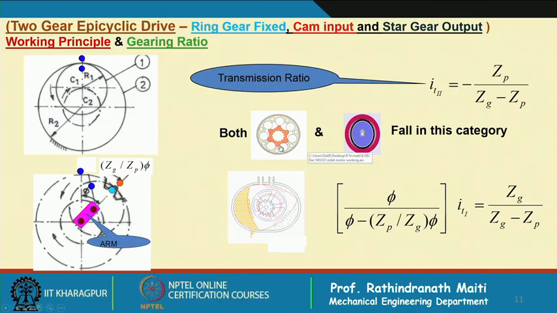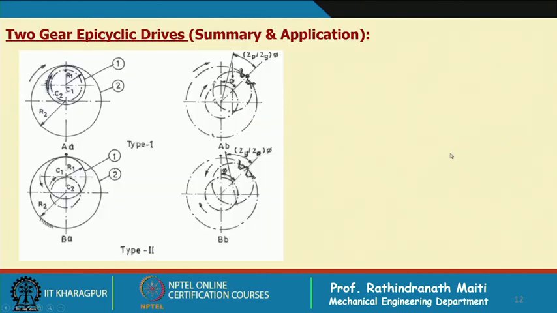So, by such special gearing, we get a huge transmission ratio in a single stage, and these gears are used in what is called a harmonic drive. This gearing is also used here, as well as this figure of the view of the motor, and this is the Wankel engine.